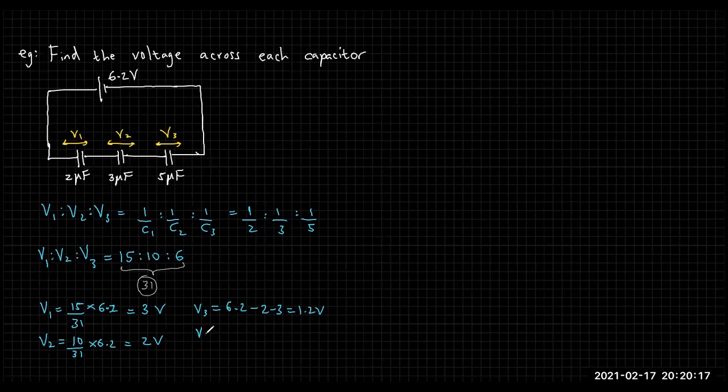If not, you can also find out V3 this way, 6 over 31 into 6.2. 0.2 into 6, that is again 1.2 volts. So these are the voltages, 3, 2 and 1.2 using this equation. And how did I get this? By multiplying by LCM.